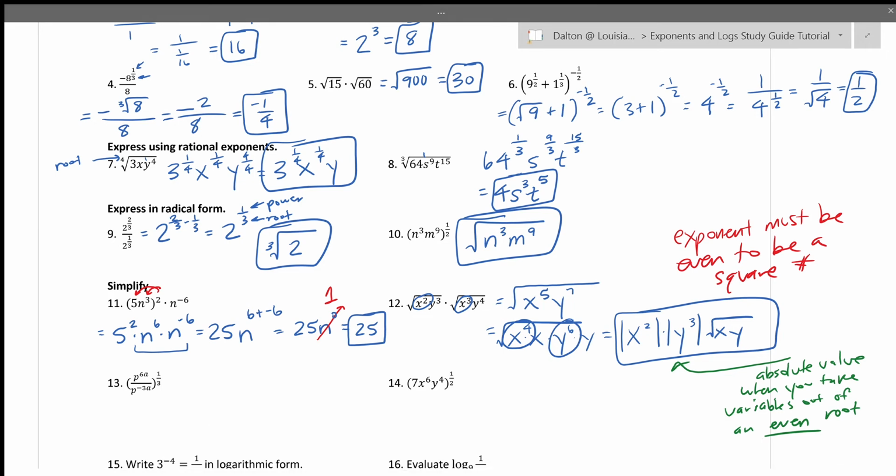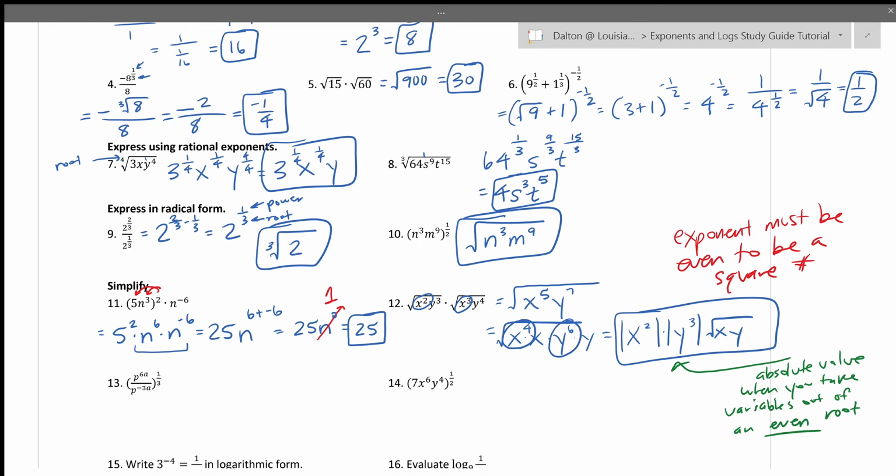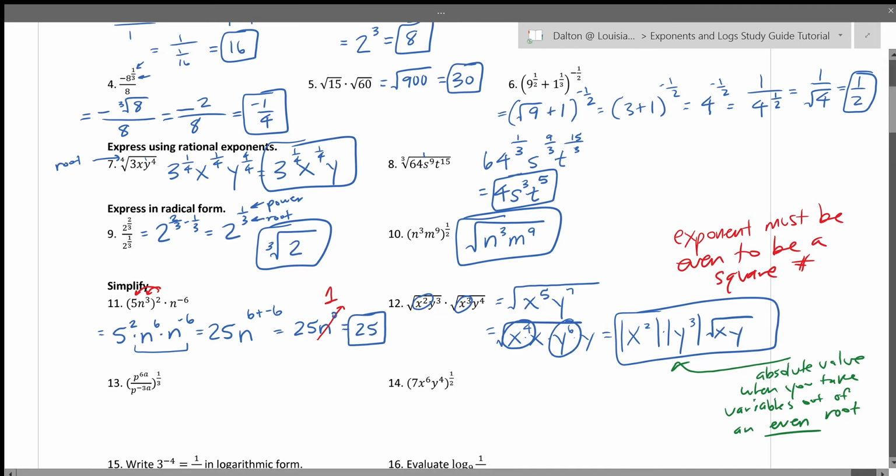p to the 6a power divided by p to the negative 3a power, all to the 1/3 power. So again, you have some choices. We know the rule that anytime you have a power to a power, it applies to both of those exponents in a fraction like this, and you could multiply those together if you'd like. You could take the route that I'm going to take, which is that when you divide numbers that have the same base, you subtract their exponents.